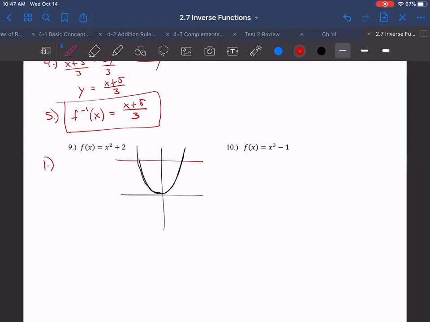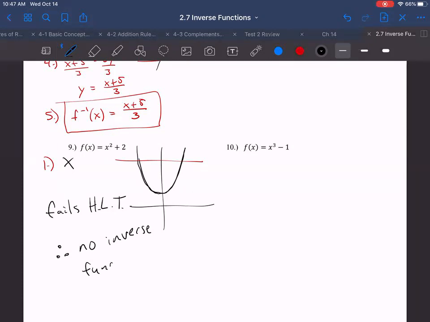This was plus 2, so this should have been down here. It fails the horizontal line test, and so I stop. There's no inverse function. I can just stop right there.